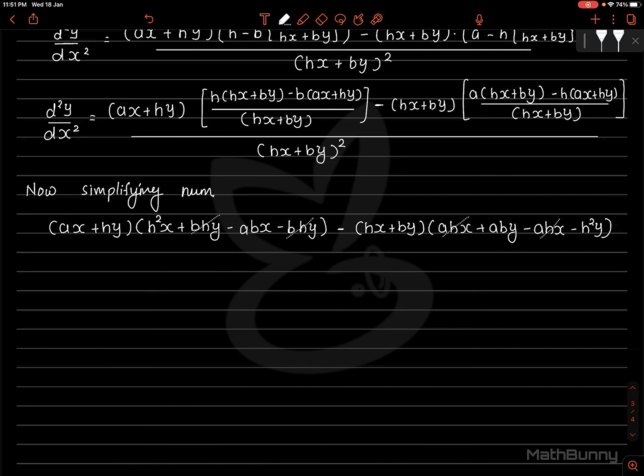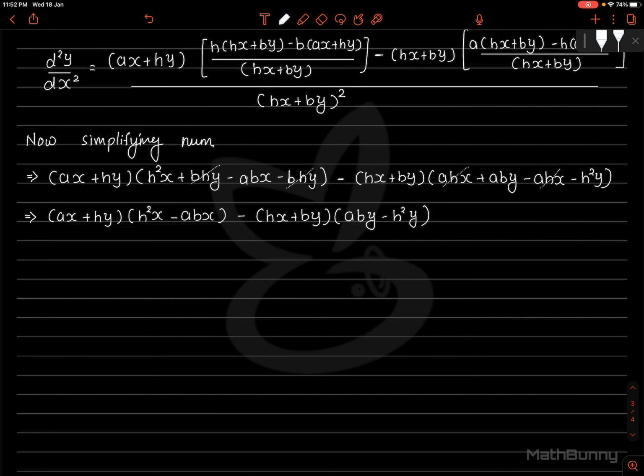These terms will get cancelled. We will get (ax plus hy) multiplied by (h square x minus abx) minus (hx plus by) multiplied by (aby minus h square y).